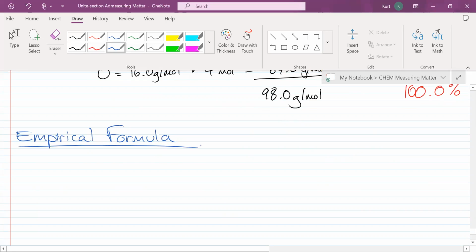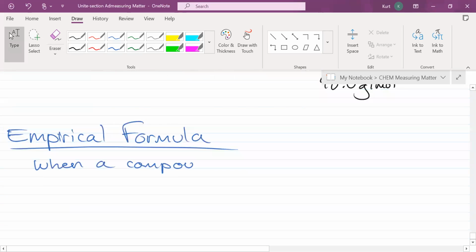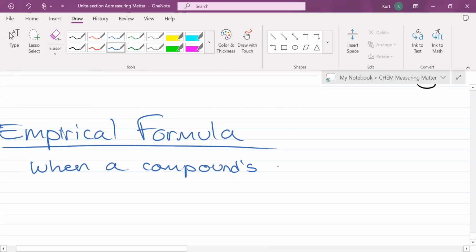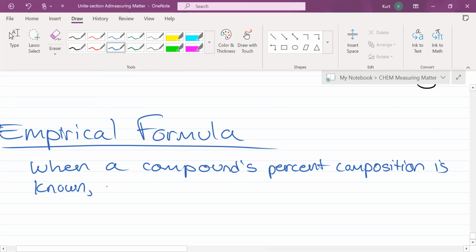All right, so when a compound's percent composition is known, its formula can be calculated.